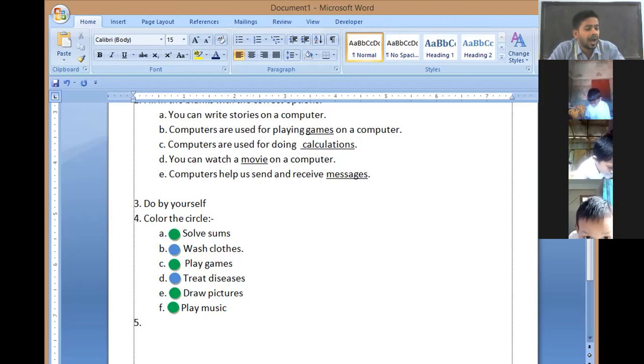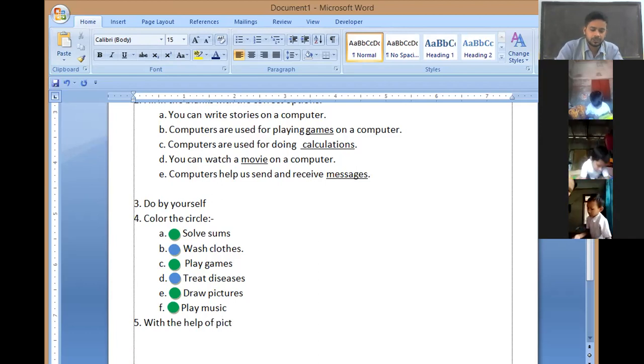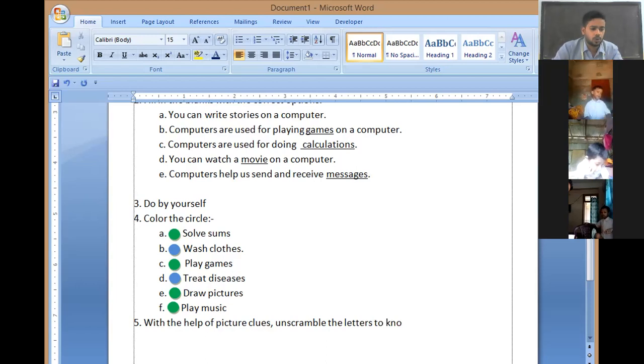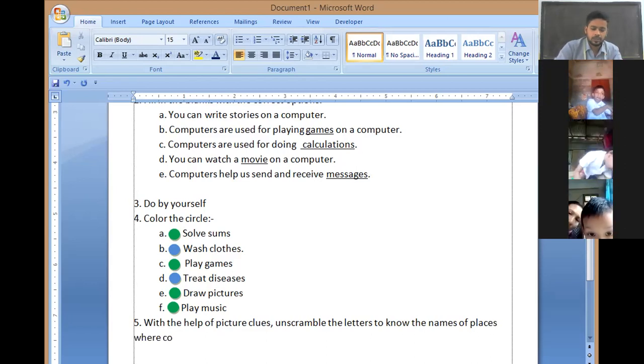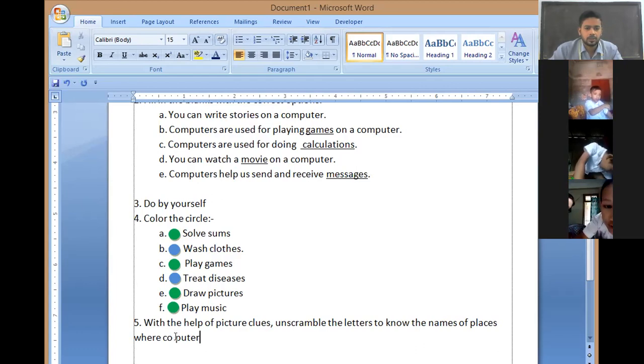With the help of the picture clues, unscramble the letters to know the names of places where computers are used.